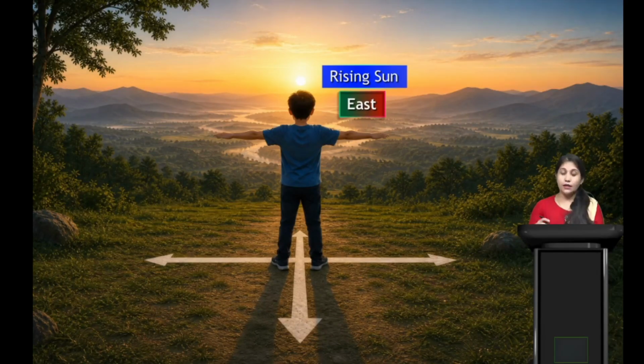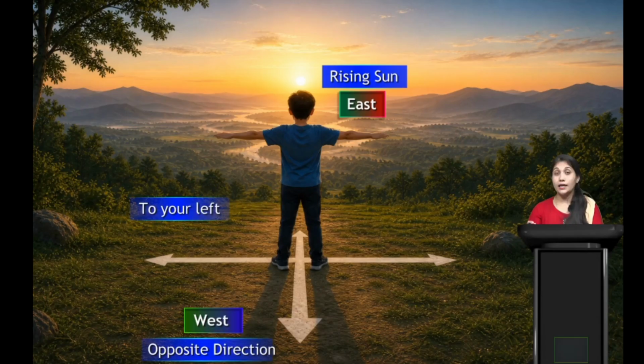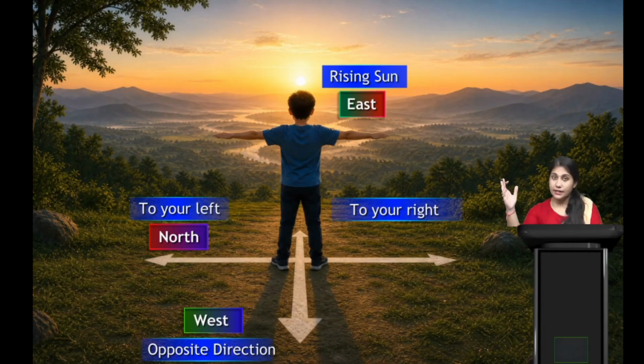So that direction will be east. And the direction opposite to the rising sun will be west. The direction to the left of the rising sun will be north. And the direction to the right of the rising sun will be south.